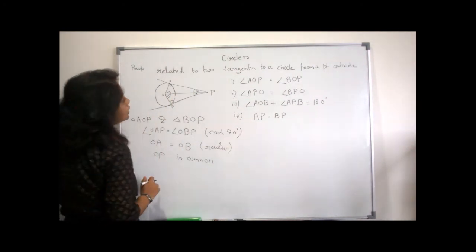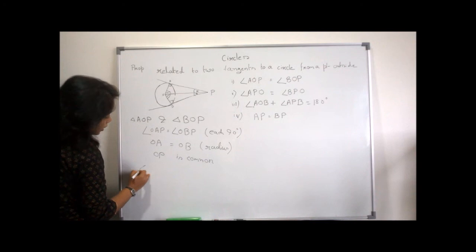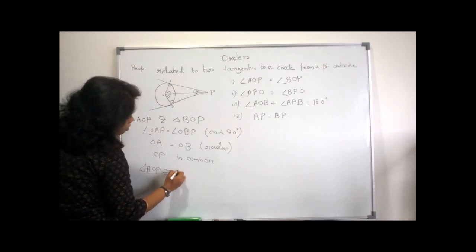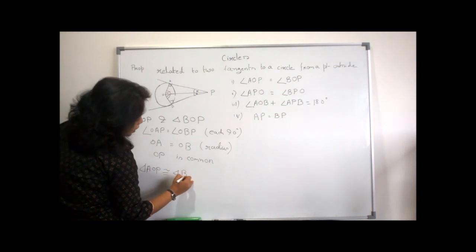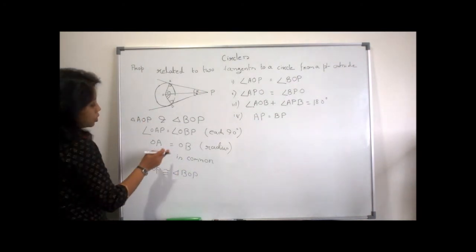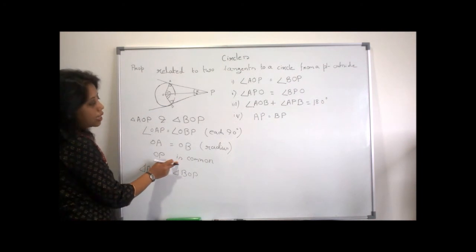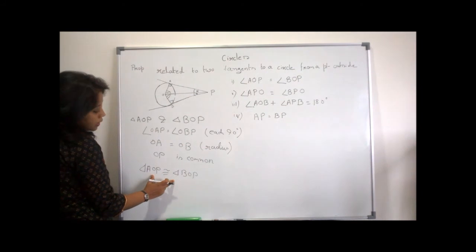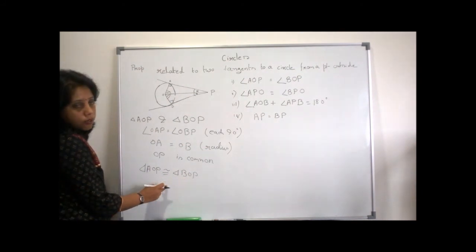So we can say that triangle AOP is congruent to triangle BOP. Two sides are equal and one angle is equal, so these two triangles are congruent.